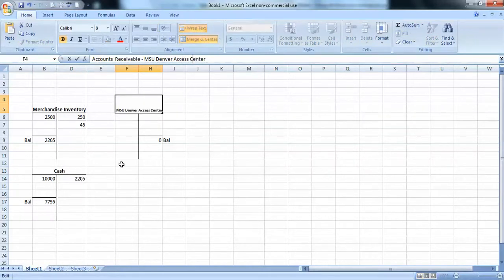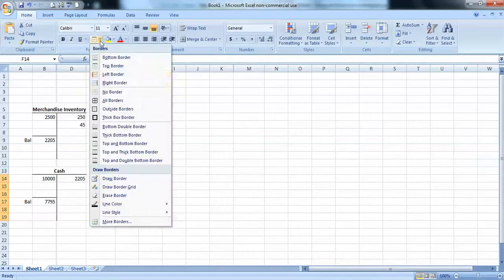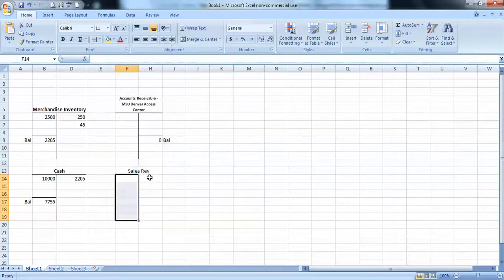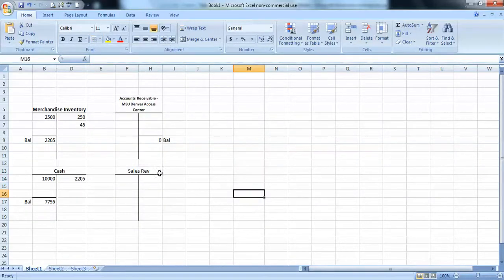Now no cash came in, but we also have to set up the sales revenue account. So I'm going to go ahead and set that up. And so from this account, we can start to record our sales revenue. So I'm just going to format it for a minute. We're going to add a border, and we are going to add another border. And now we have the ability to create a sales revenue ledger account.